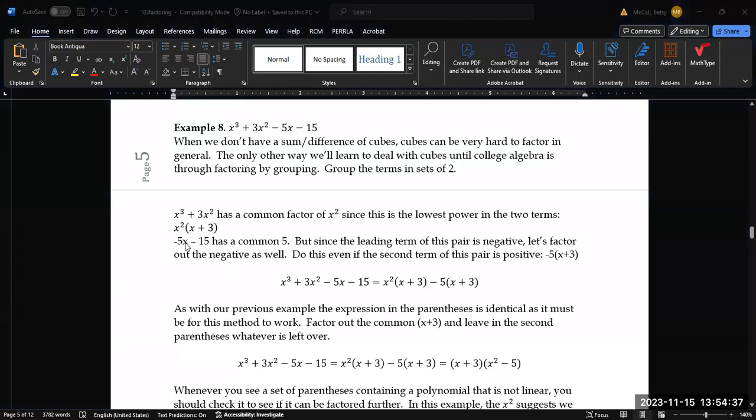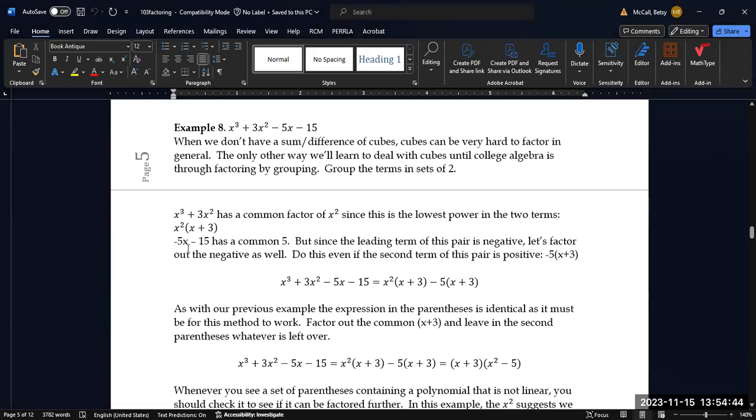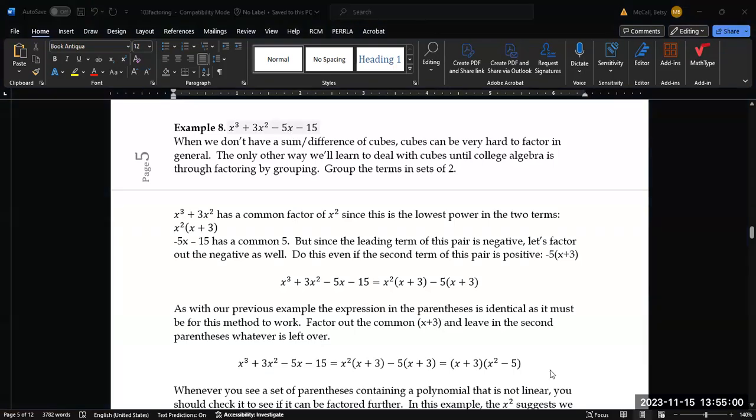And then in the next two terms, the negative 5x and the negative 15, we're going to factor out what they have in common. Now, it might be tempting to factor out just the 5, but in fact, you need to factor out the negative 5 in this case. And when you do that, you're going to leave behind an x and a positive 3.